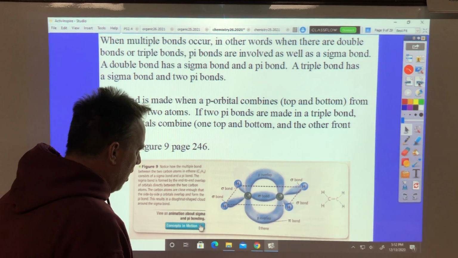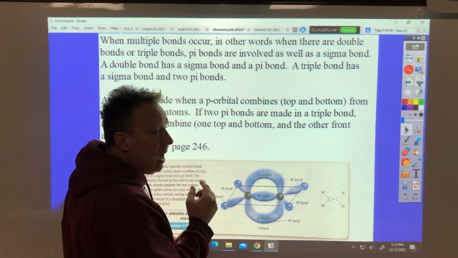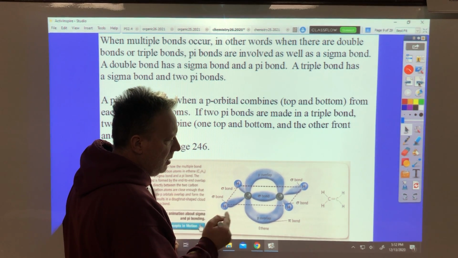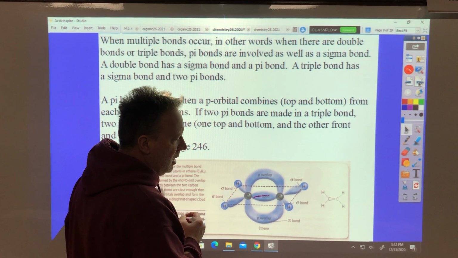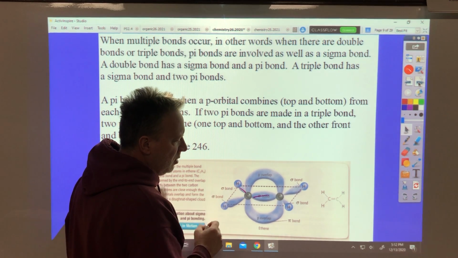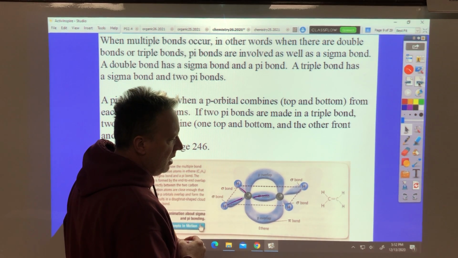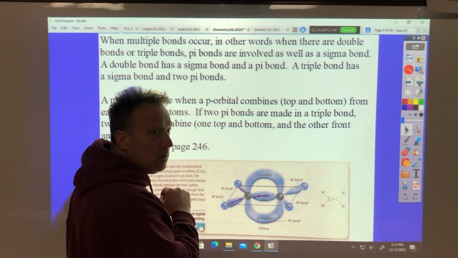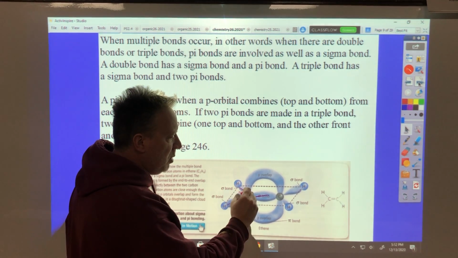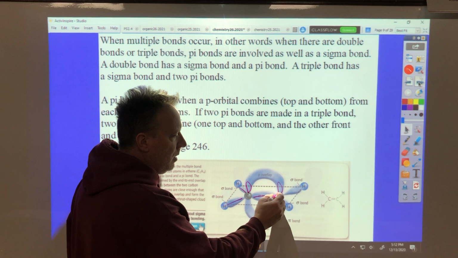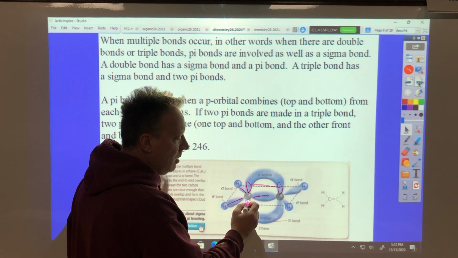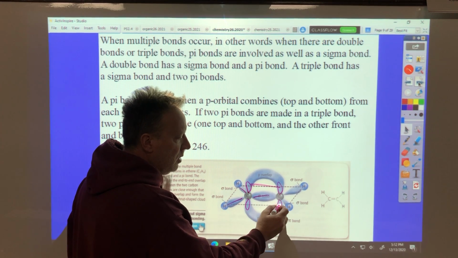If you look at this carbon in the middle, it's got really 4 bonds. It's making a bond this way, a bond to hydrogen there, a bond to hydrogen there, and this is not 2 different bonds, it's 1. I've got a p orbital up here, sharing an electron there, a p orbital down there, sharing an electron down there.